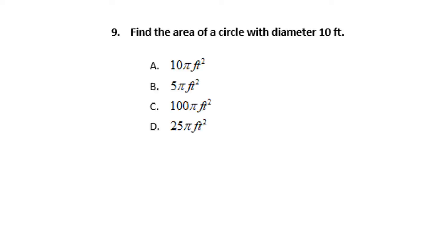Number 9. Find the area of a circle with diameter 10 feet. A, 10 pi feet squared, B, 5 pi feet squared, C, 100 pi feet squared, D, 25 pi feet squared.